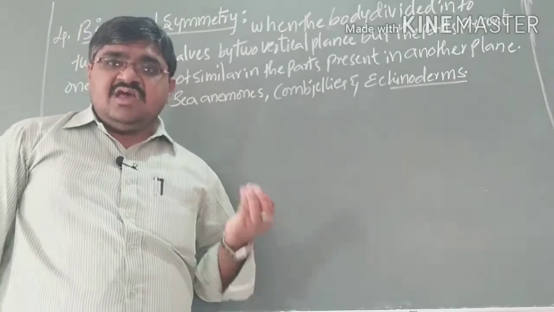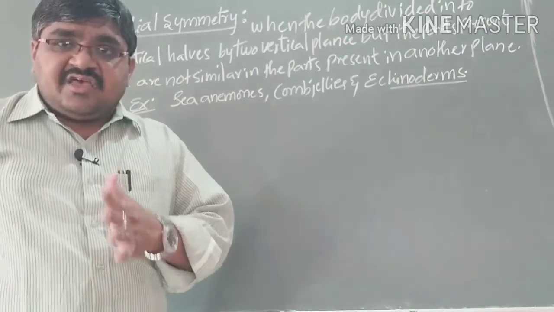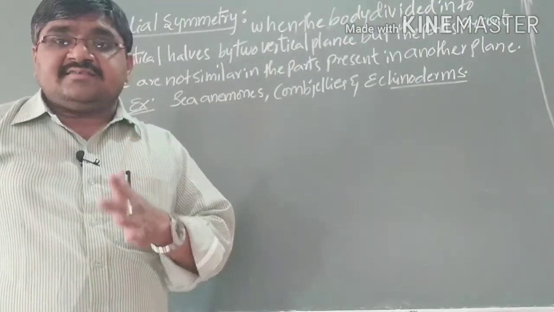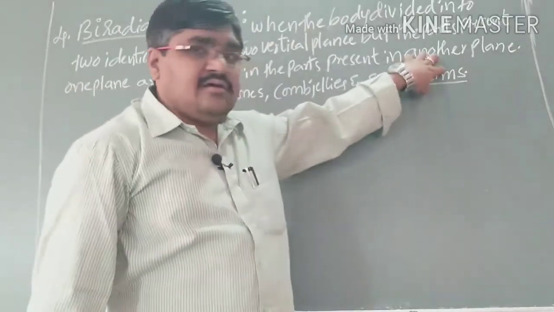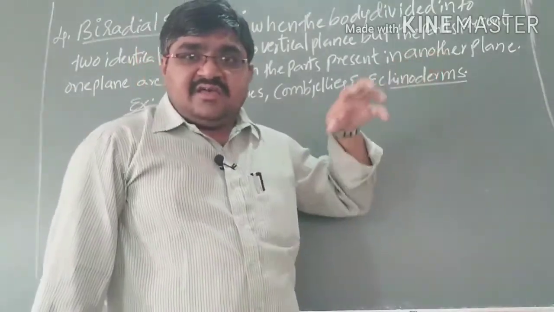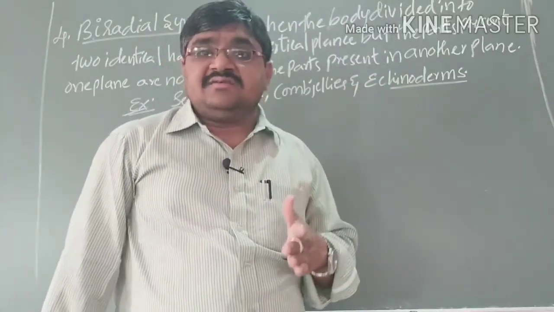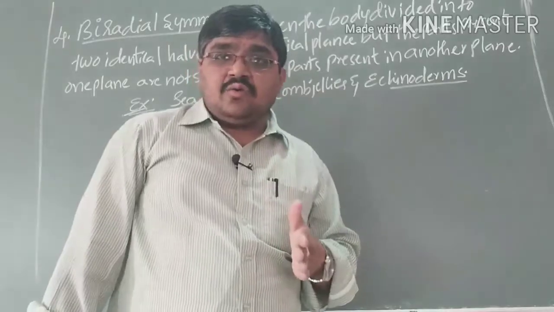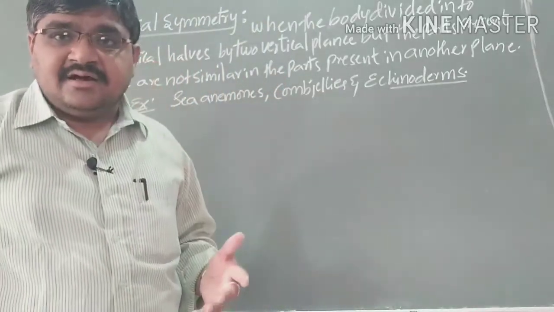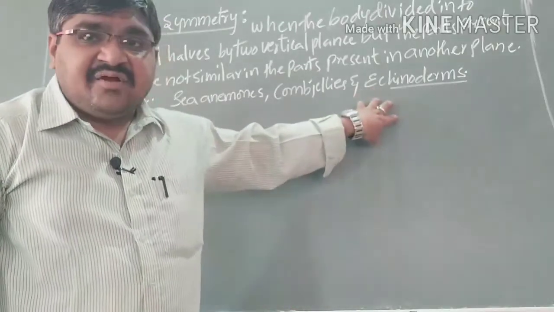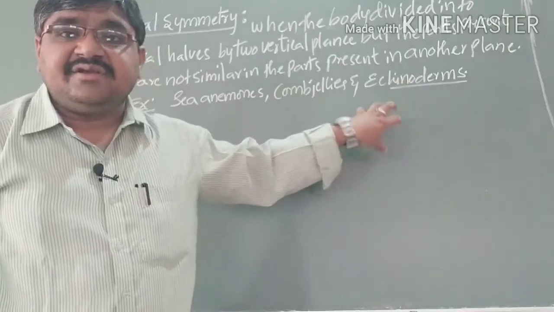In the larval stage it may show bilateral symmetry, and in the adult stage it shows radial symmetry. For example, in echinoderms the larval stage has bilateral symmetry, so when you cut the organism, two identical halves are produced, but when it becomes adult it shows radial symmetry, a pentamerous radial symmetry.